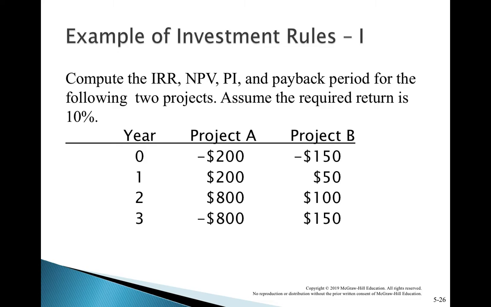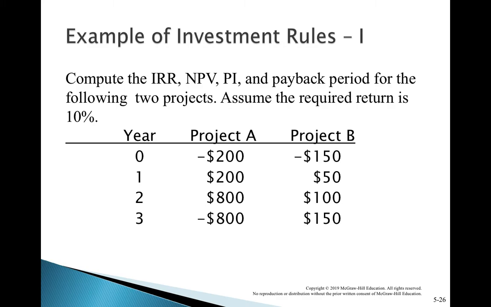If you calculate IRR, there will be multiple IRRs here. But for project B, there will be a single IRR. Why? There is one cash outflow followed by cash inflows. So minus, then plus, plus, plus: one IRR. If there are multiple sign changes, you will have multiple IRRs. So project A is not appropriate, and IRR cannot be applied to it.